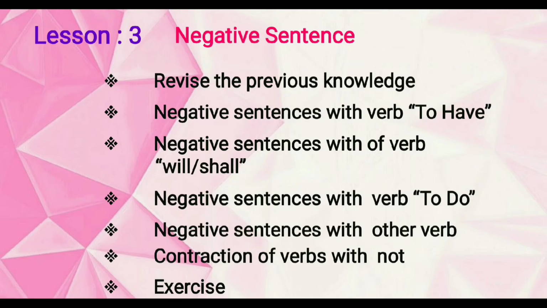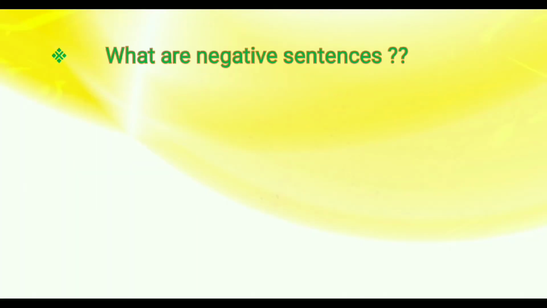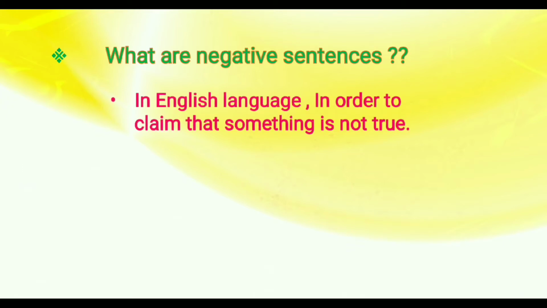So let's start. As we know, what are negative sentences, have you remembered? As we learned, in the English language, in order to claim that something is not true, it means that something is false, wrong, at that time, if we want to claim our opposite, we use no or not.